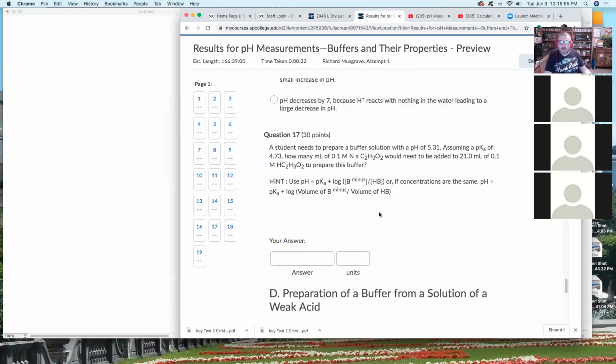I talk about 2 ways of making up buffers. A buffer is a mixture of a weak acid and its conjugate base, and you'll see this when you go through my explanations in the videos. One way to make it up is by using just a weak acid and its conjugate base.